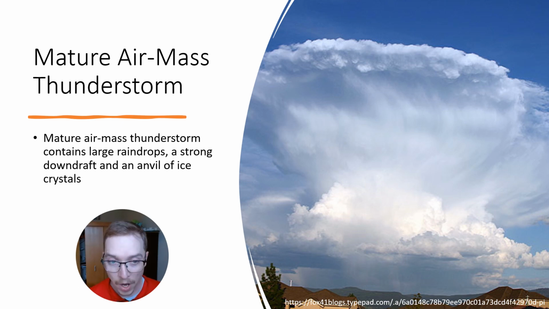So mature air mass thunderstorms contain large raindrops, a strong downdraft, and an anvil of ice crystals. If we recall way back when we were talking about clouds, one of the things that we can look at is the wispy nature of the edges of our cumulonimbus clouds, and that can be indicative of ice crystals being the dominant form of moisture within that portion of the cloud.